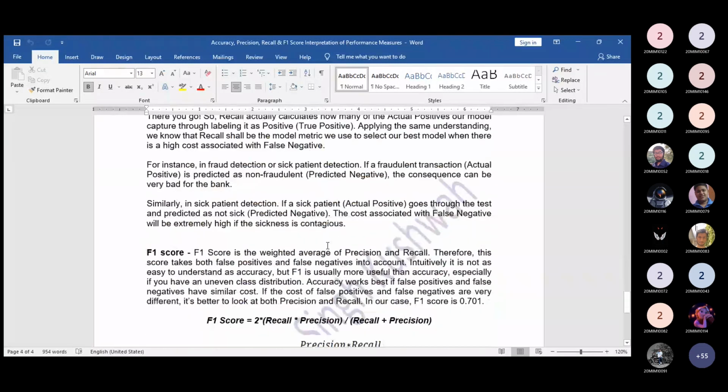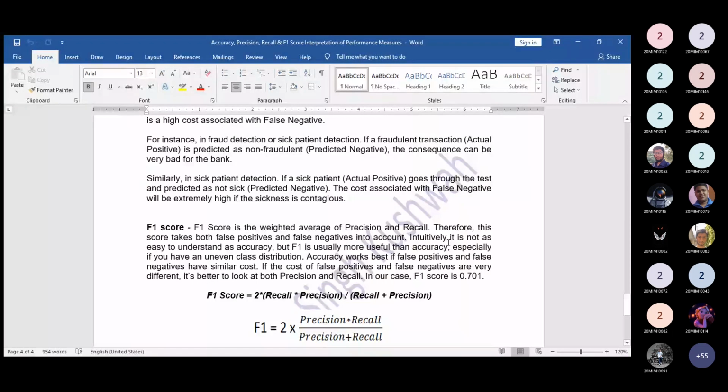Next one, we have the F1 score. F1 score is the weighted average of the precision and recall. So after calculating the precision and recall, we can get the F1 score. F1 score is also known as the functional scoring of the model. This score takes both false positive and false negative into account.